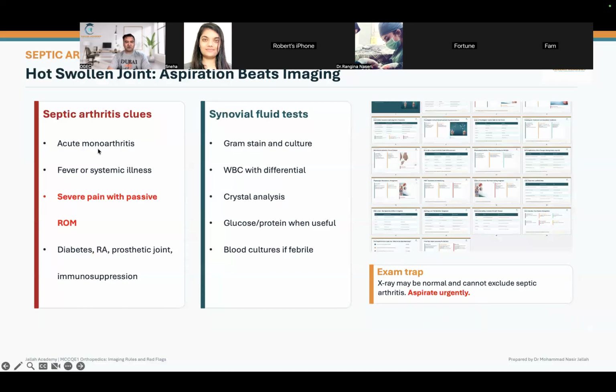Septic arthritis, monoarthritis, the patient will have fever. Again, for septic arthritis, the patient may or may not have fever. At an early stage, the patient may not have fever, but any hot and swollen joint is septic arthritis until proven otherwise. So: hot, swollen, painful joint, and severe pain with passive range of motion.